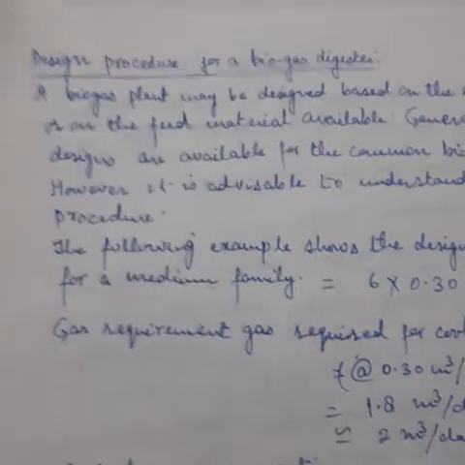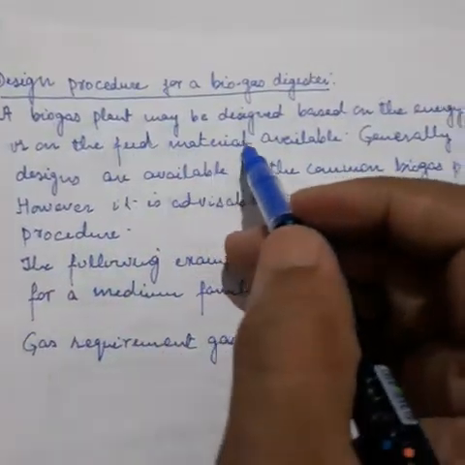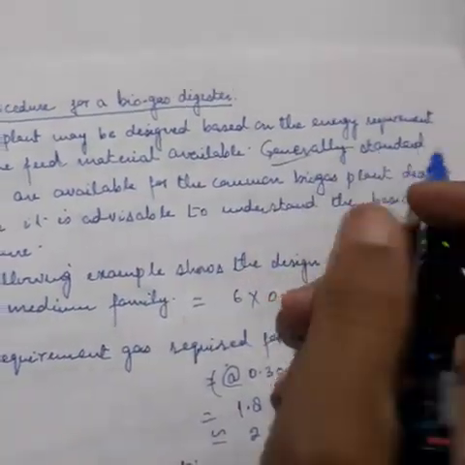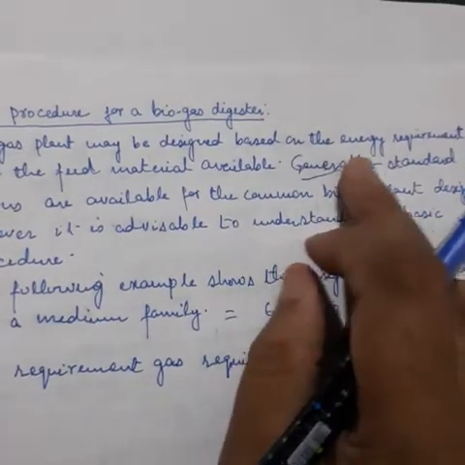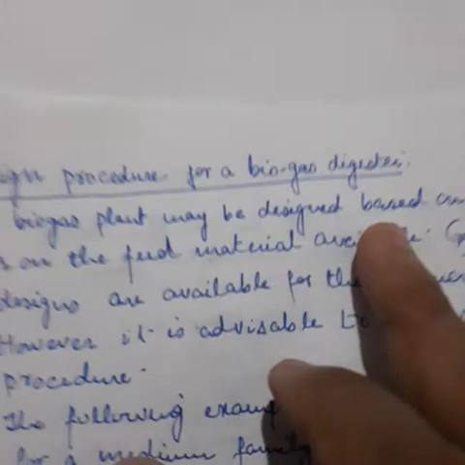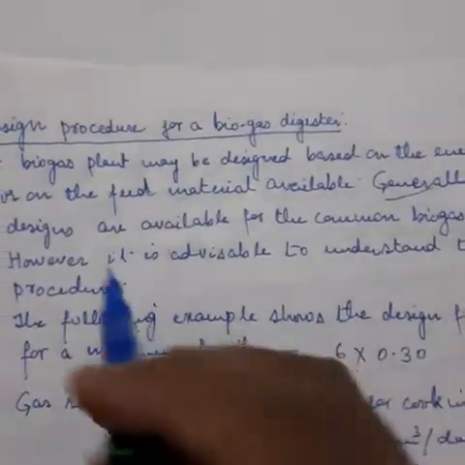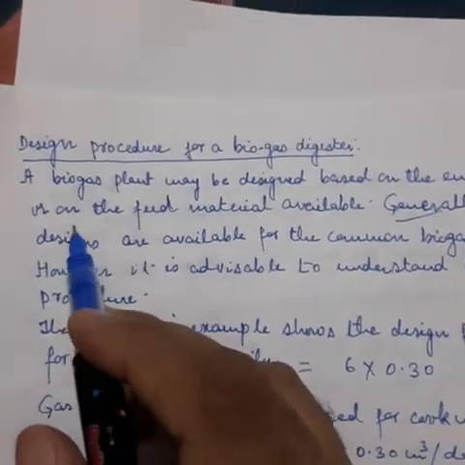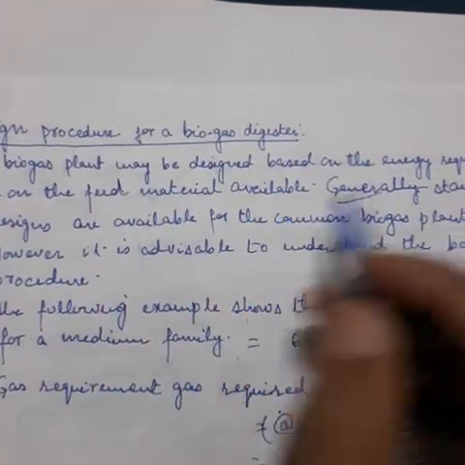So in this method a biogas plant may be designed based on the energy requirement. How much energy is required? A biogas plant may be designed according to the feed material available.